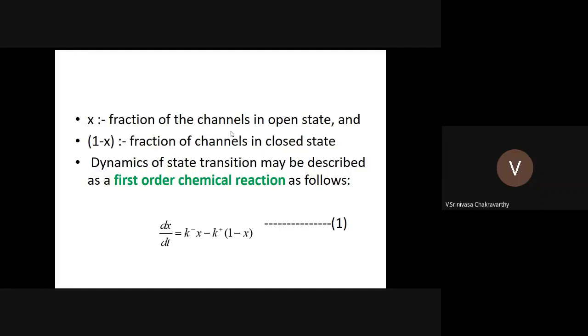If you take a patch of membrane which has a whole bunch of channels, some are in the open state, some are in the closed state. For that patch, X is the fraction of channels in the open state. Therefore, the dynamics of transition may be described as dX by dt equals K minus times X, because the reverse direction will increase X, minus K plus times 1 minus X, because the forward direction will deplete X and decrease it.